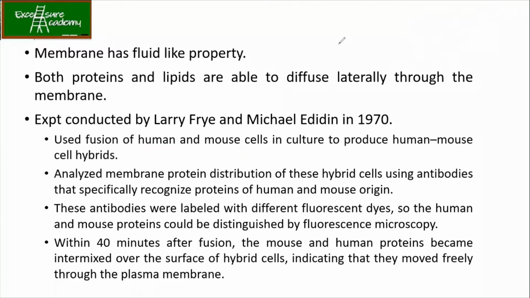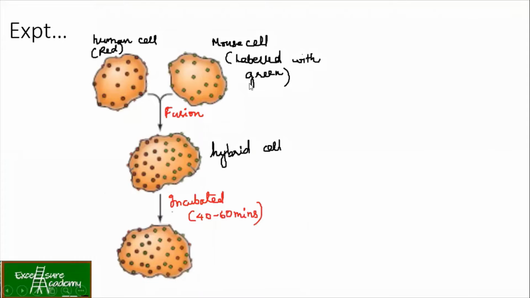And then we can see the result. So I have got a figure over here drawn. You can see what they have done is you have got the human cell, and the proteins which are specific to humans are labeled with red fluorescence. ठीक है? तो let us say ये आपका ह्यूमन सेल है, इसका जो एक प्रोटीन होगा, इंटीग्रल प्रोटीन होगा, उसको हमने एंटीबॉडी से टैग किया, and this antibody is tagged with red fluorescence. ठीक है?